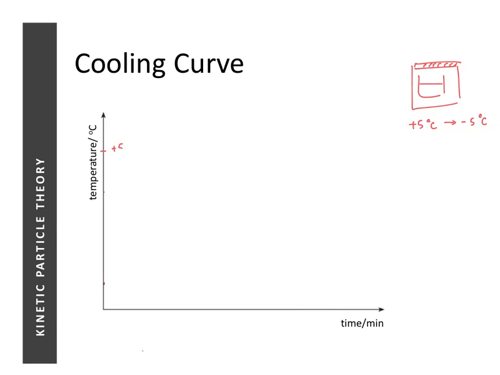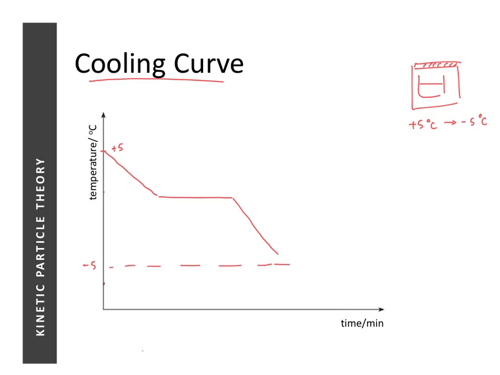At the start, it is +5 degrees Celsius. As we are cooling down the water, the temperature will drop. At some point in time, it will remain constant, and then it will continue to drop again until it reaches -5 degrees Celsius. Okay, the graph that we get in this case is called a cooling curve, because we get it by cooling a substance down.